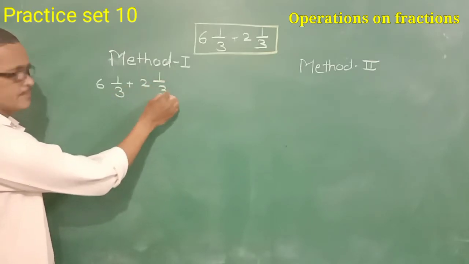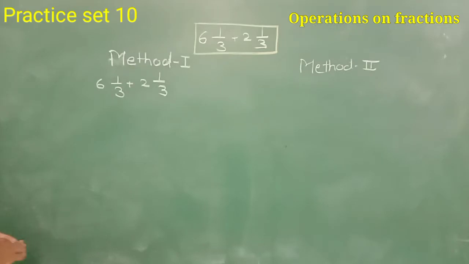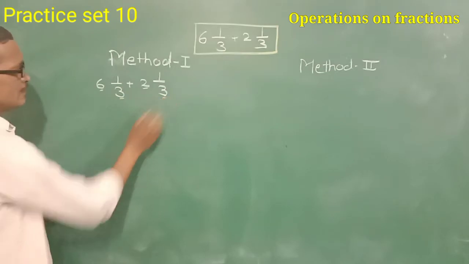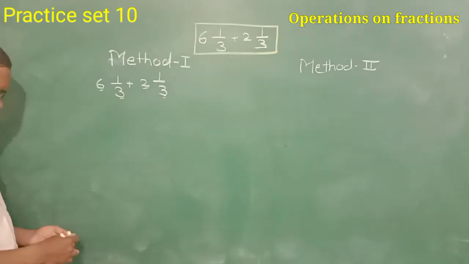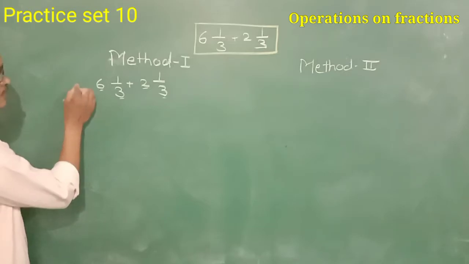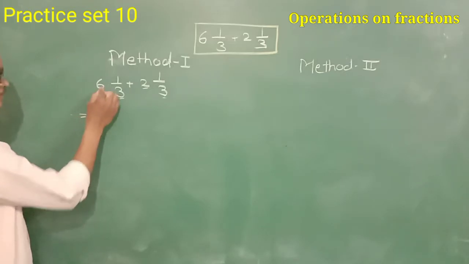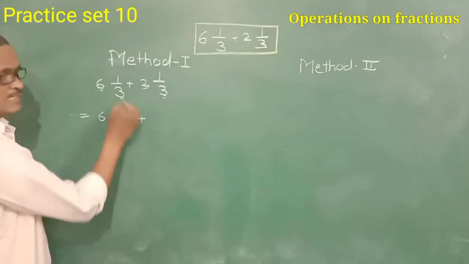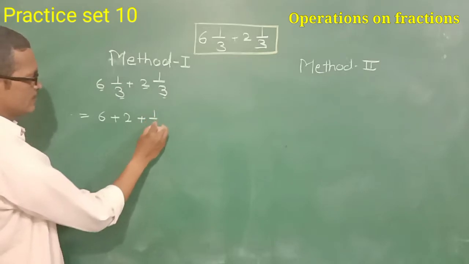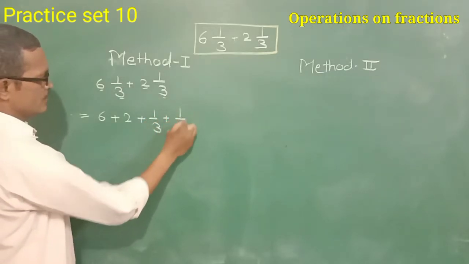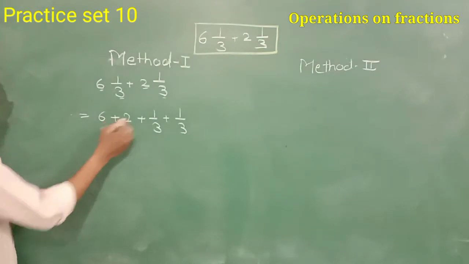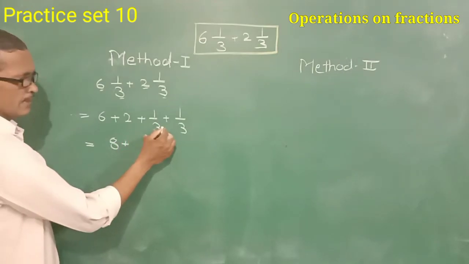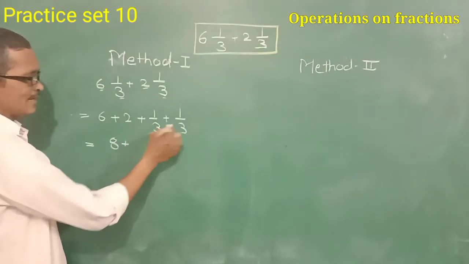In these mixed numbers, we know that we have two whole numbers and a fractional part. So we can add the whole numbers 6 plus 2 and the fractional parts separately, 1 upon 3 plus 1 upon 3. By adding 6 plus 2 we get 8, and we can add these two fractions because they are like fractions.